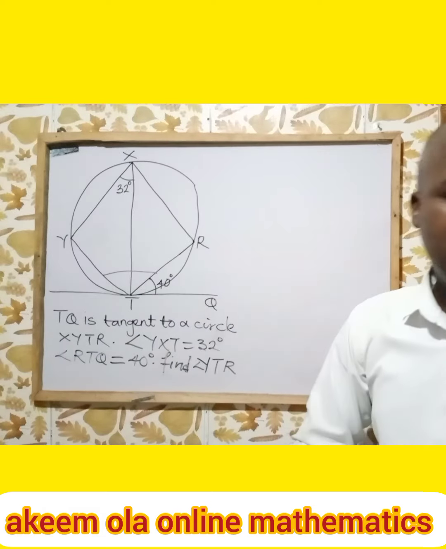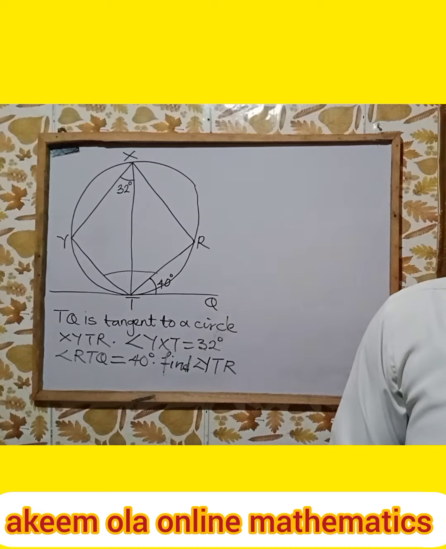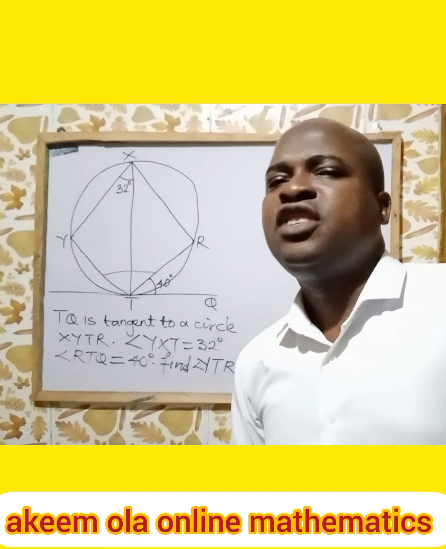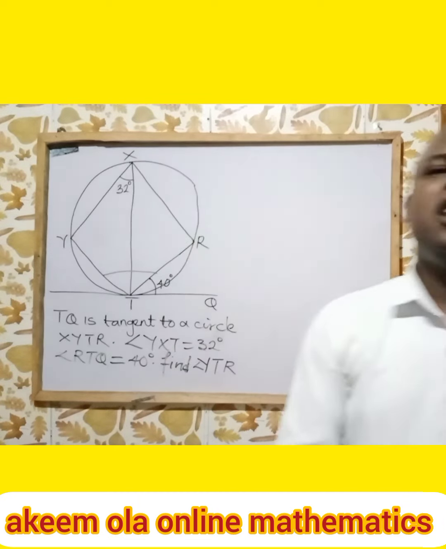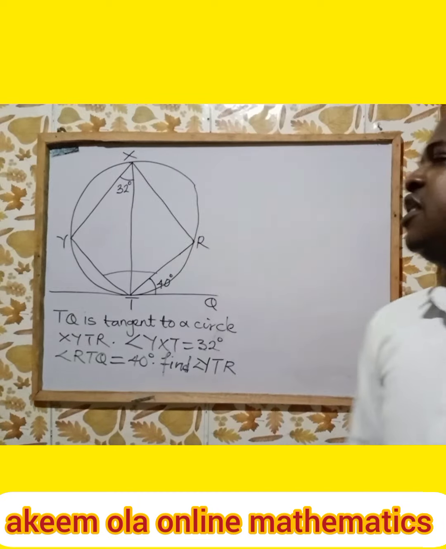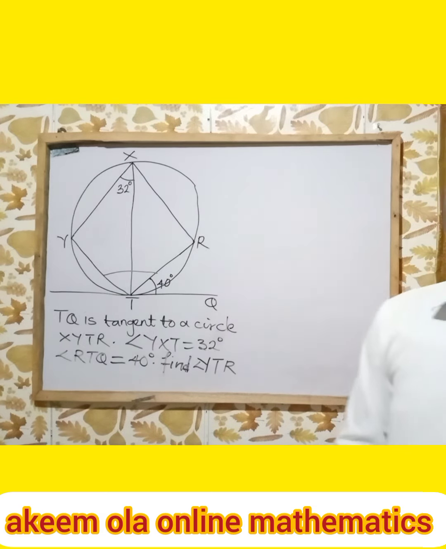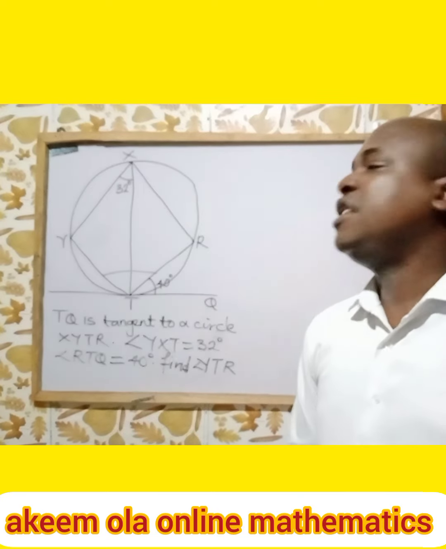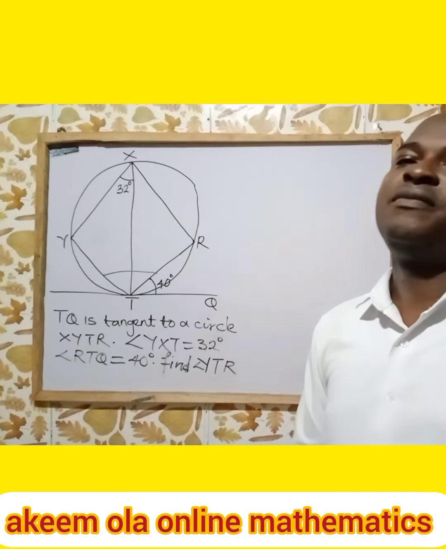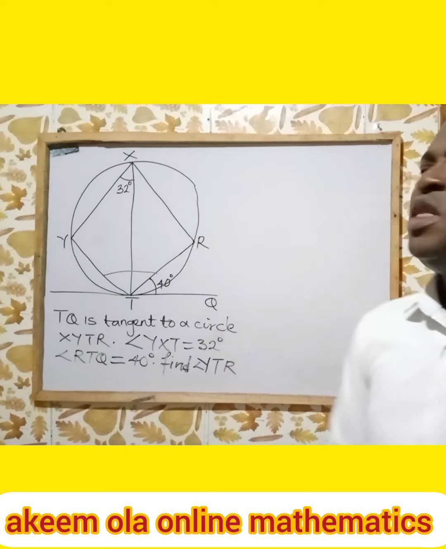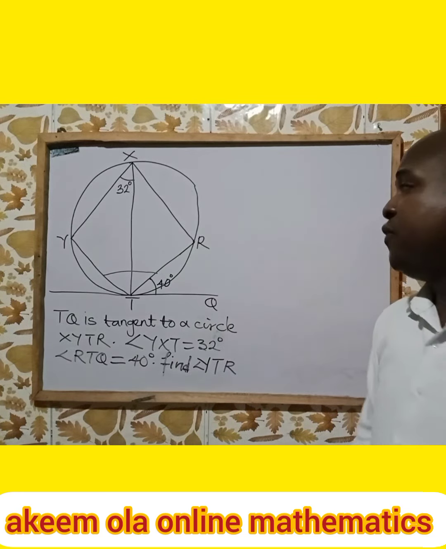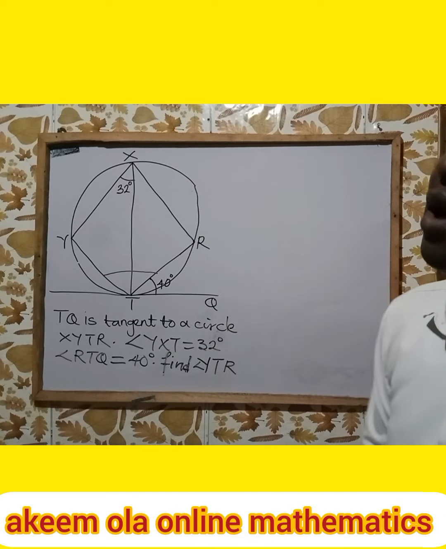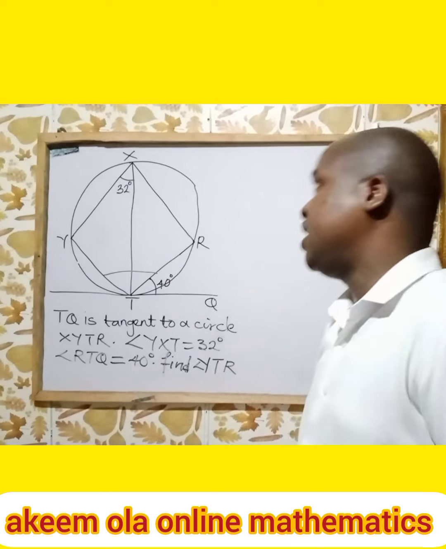How can we solve this particular question? For us to solve this question, we need to understand what a tangent is all about. The tangent to a circle is always perpendicular to the radius at the point of contact. Before we can get this YTR, we need to combine many theorems together.